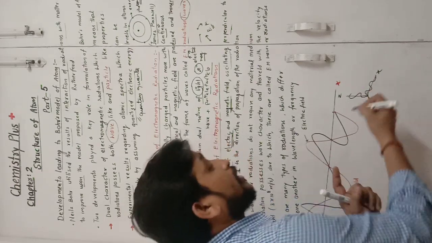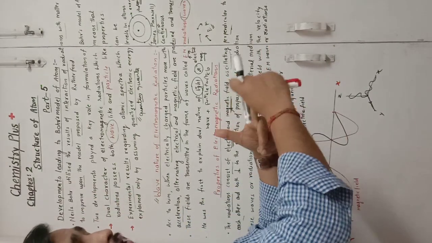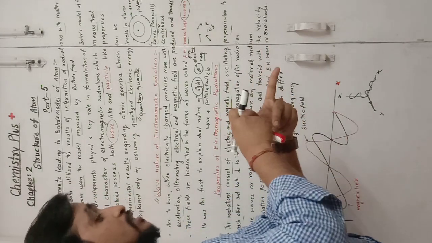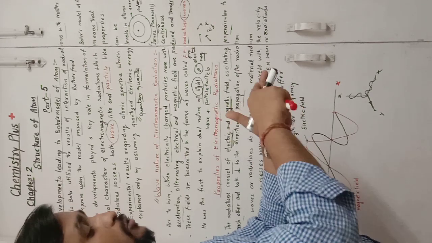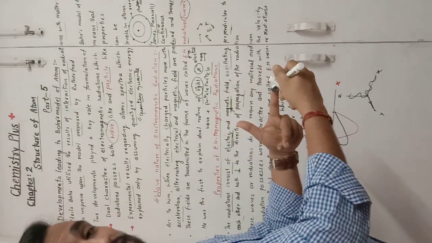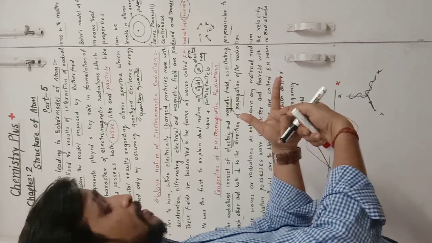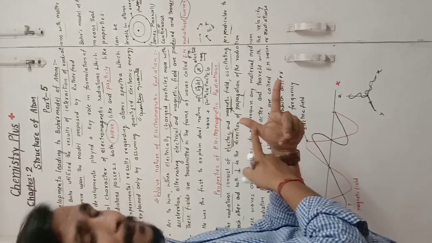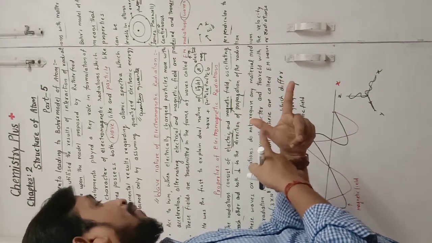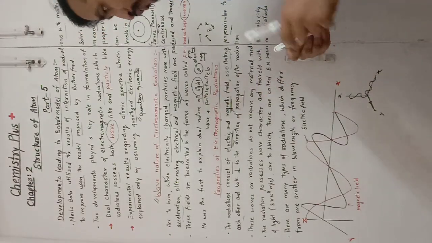So these three are mutually perpendicular: this is one direction, this is the second, and this is the third. Suppose these are the electric lines and these are the magnetic lines. These two are mutually perpendicular to each other, and both are perpendicular to the third, the direction of propagation. This is the first property of electromagnetic radiation.